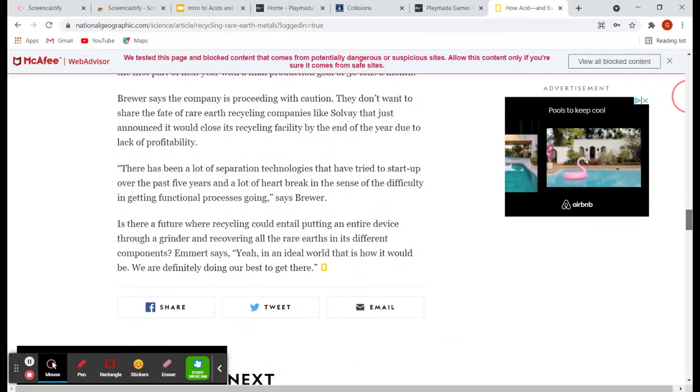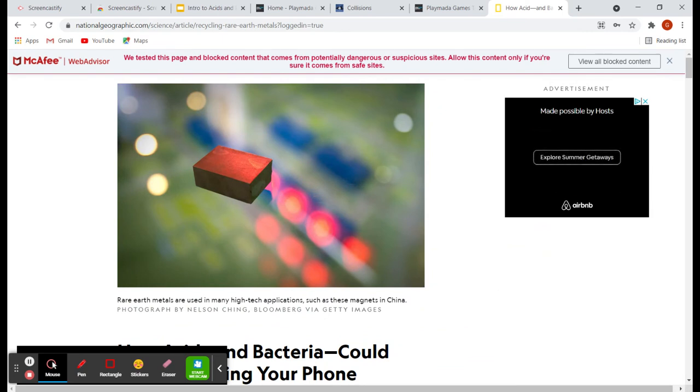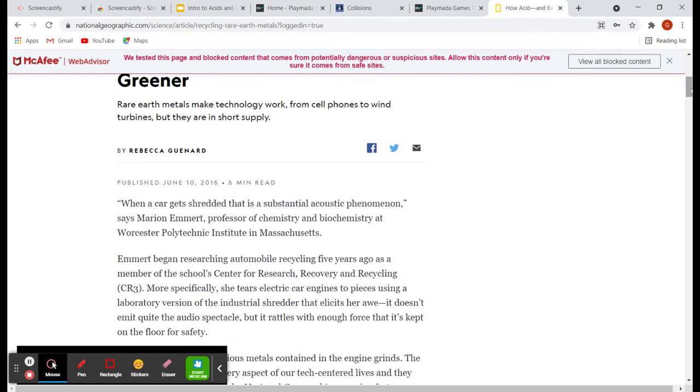So as you see, this is a pretty quick article. I just want you to read it, write down a couple of vocab words that you would like to expand upon, and think about what you think about this, whether you think it's sustainable, whether you think that people will embrace this recycling approach. If you want to do a little extra research, that's cool.